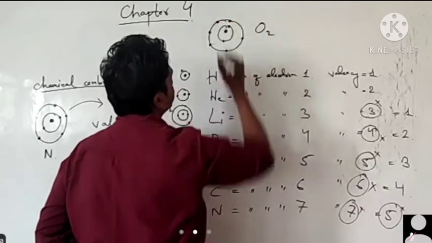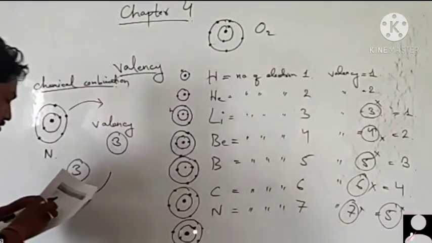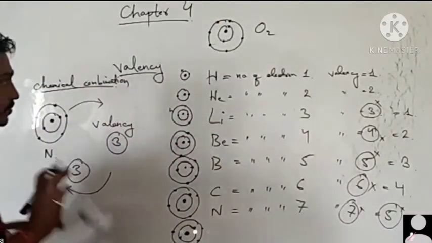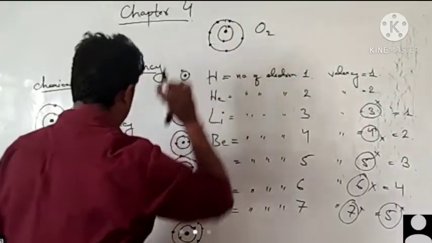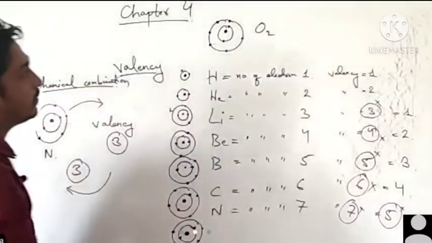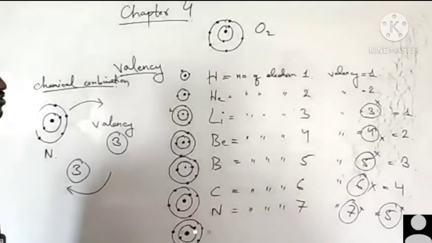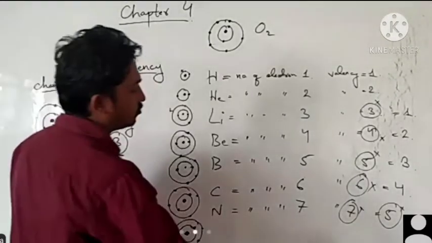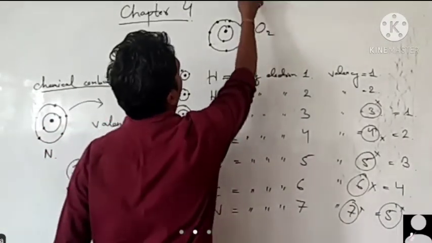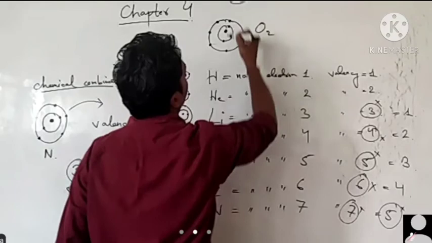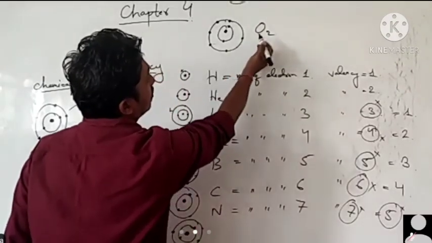So for oxygen we have 8 electrons, 2 and 6 in the cells. So what will be its valency for oxygen? As I told, to fulfill the octet number, that is 8, how many electrons does oxygen require? Only 2.